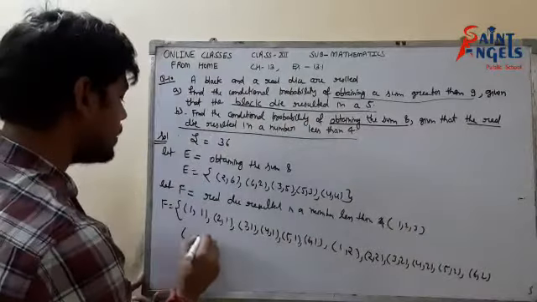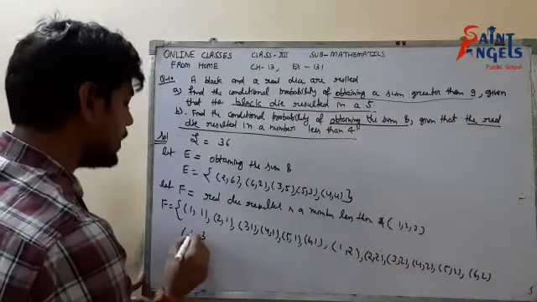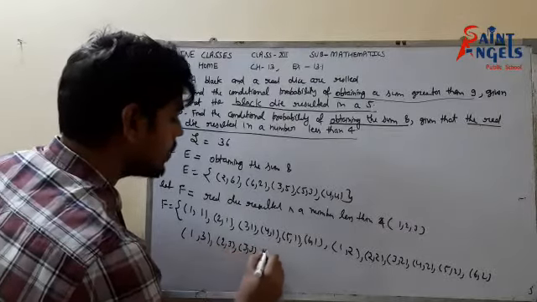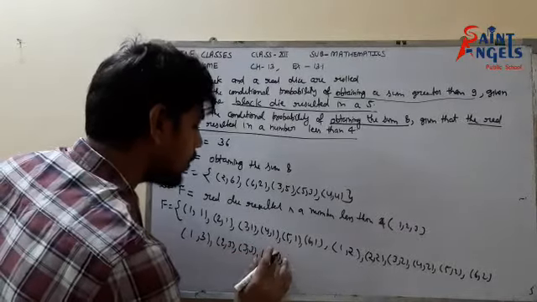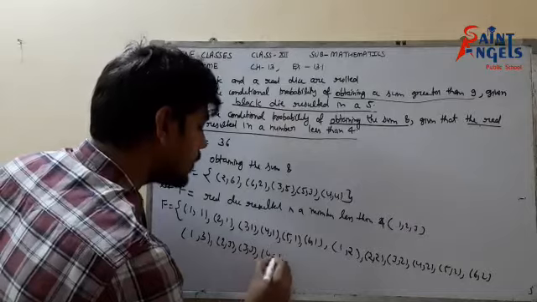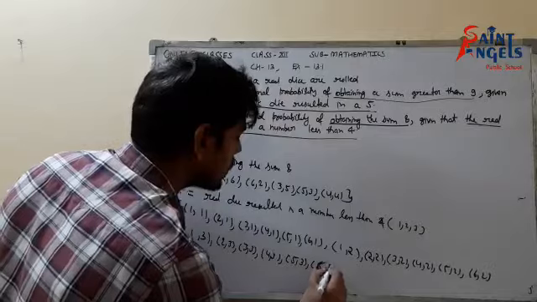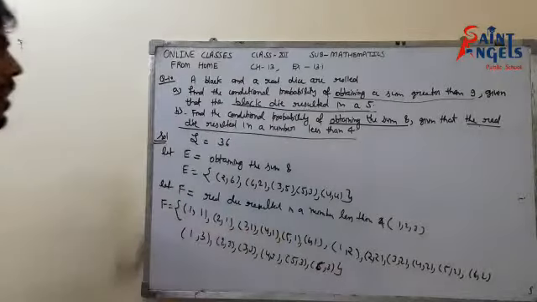Now on the red die there is 3, then on black there could be 1, 2, 3, 4, 5, 6. So these are the event F.